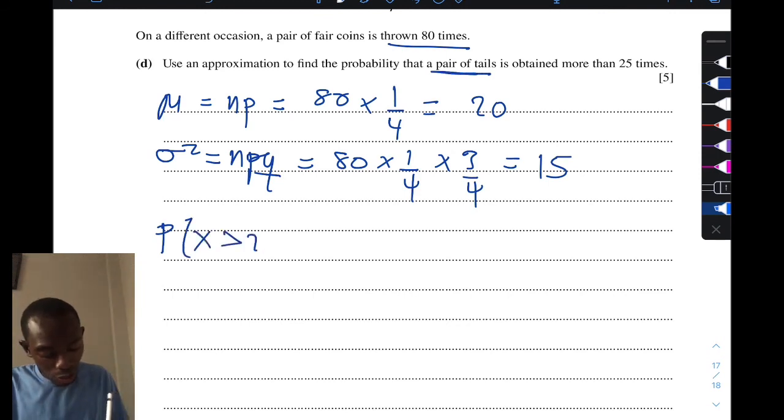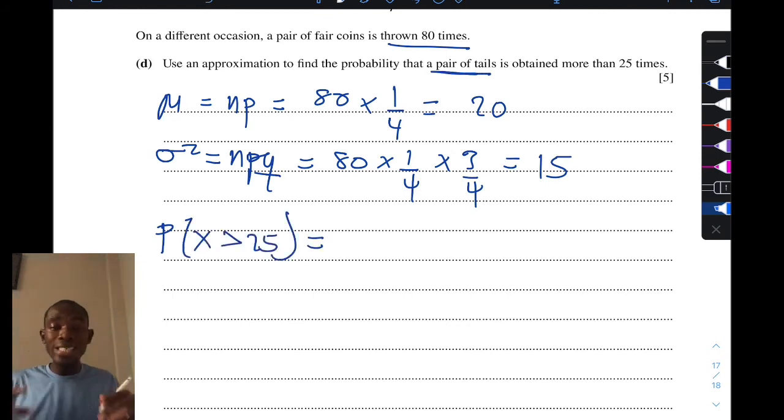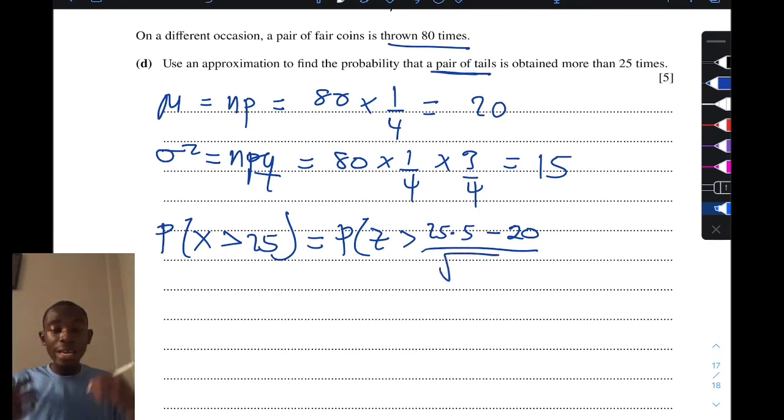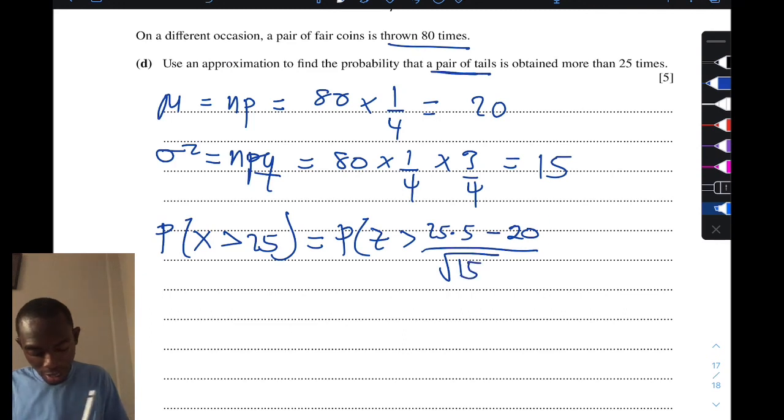So x is greater than 25, and once this is not a normal distribution question but rather one you are going to approximate, since they said more than 25, you add 0.5 to that. So z is greater than 25.5 minus the mean, which is 20, divided by the standard deviation. We know the variance is 15, therefore the root of 15 becomes the standard deviation.